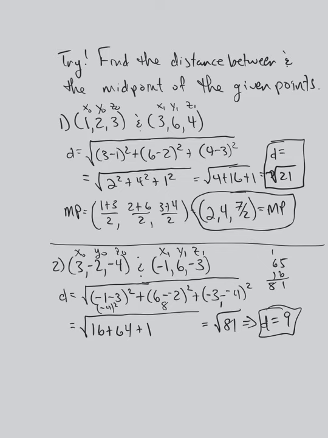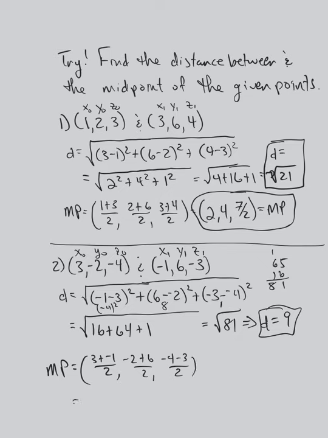As far as the midpoint goes, remember we have a point and we just average the x coordinates together, average the y coordinates together, and average the z coordinates together.